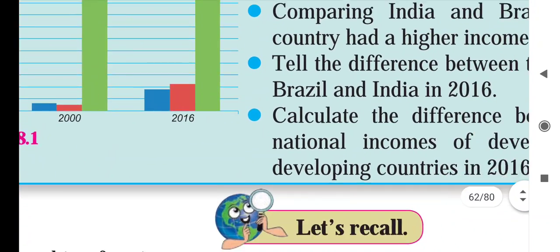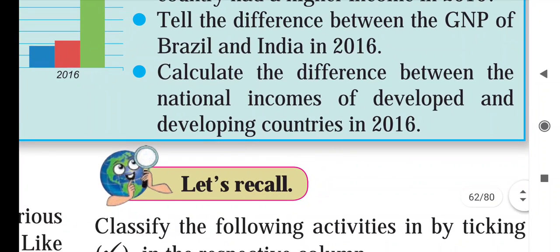Next question: national income of developed and developing countries of 2016. So see, developed country USA and developing countries India and Brazil. If you calculate the national income of the developed and developing countries in 2016, it will come nearly. So here we have to do the calculation.